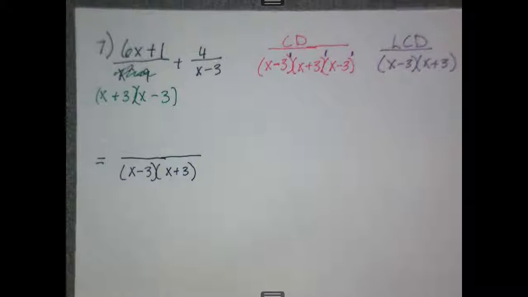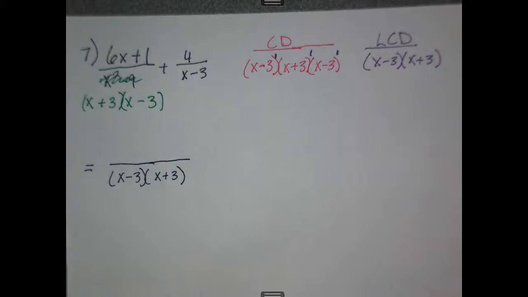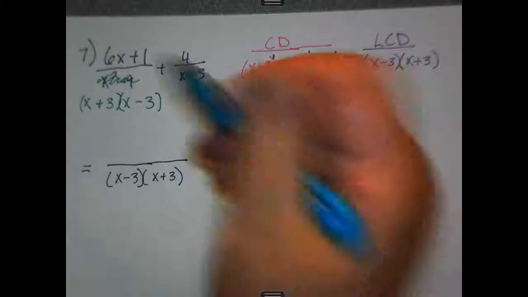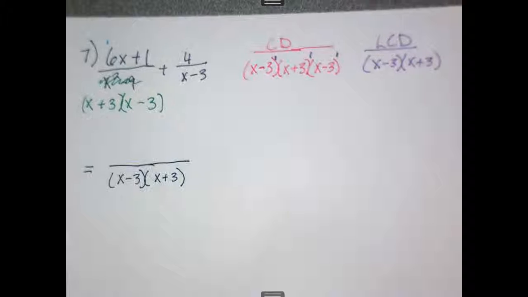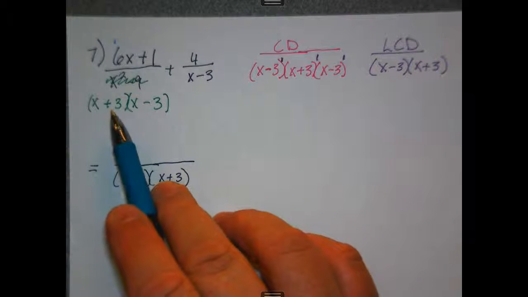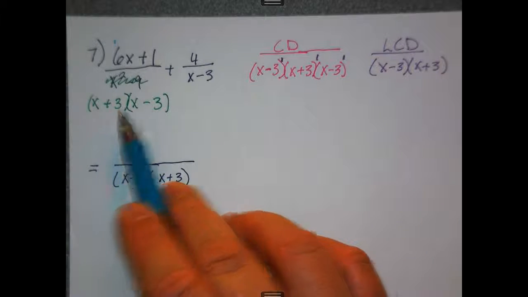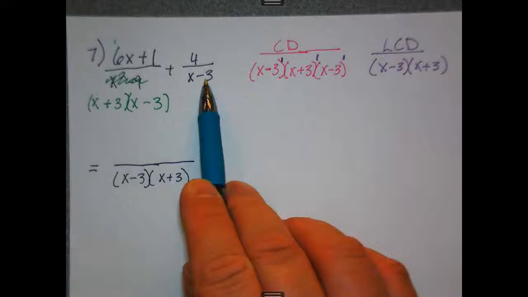Okay, what do I do with that least common denominator now that I have the one denominator here? Well, I have common denominators by just multiplying all the denominators together, this times this times this.